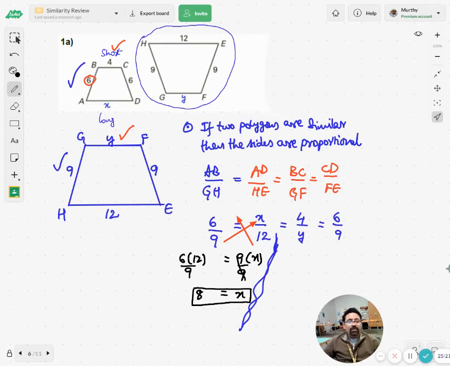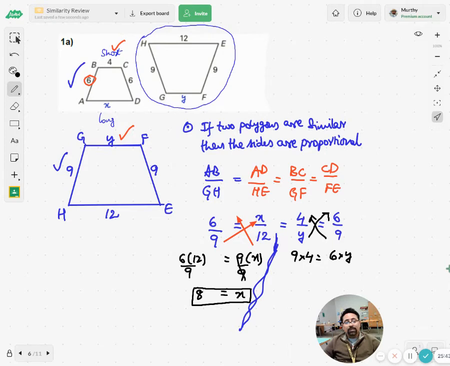In the same way, here you go for cross multiplication. 9 times 4 equals 6 times y. Now it's your turn to compute the value of y. Think for a moment, do it on your own.